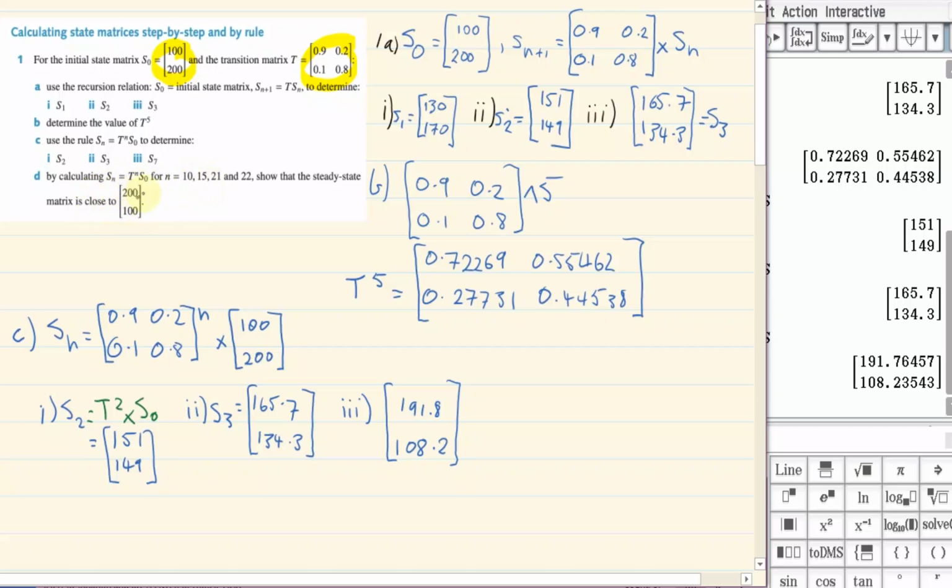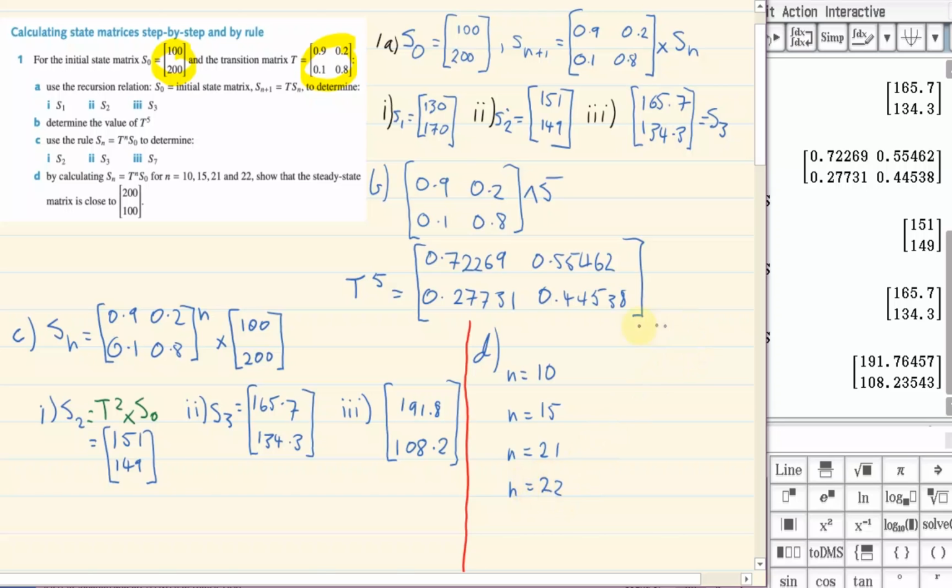Lastly, by calculating from the rule with n values of 10, 15, 21, and 22, show the steady state matrix is close to 200 and 100. So we'll do n is 10, 15, 21, and 22.